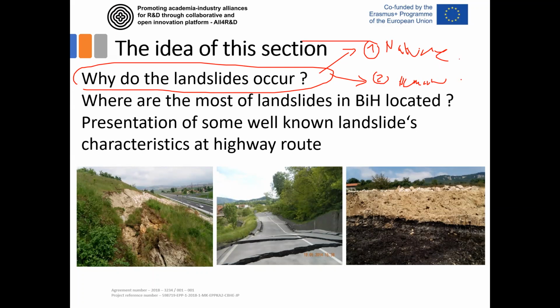It's not only one or the other. It's usually a combination: when you have some landslide-prone area, and it's combined with a human factor, such as some uncontrolled excavation or embankment construction, it can lead to a landslide.